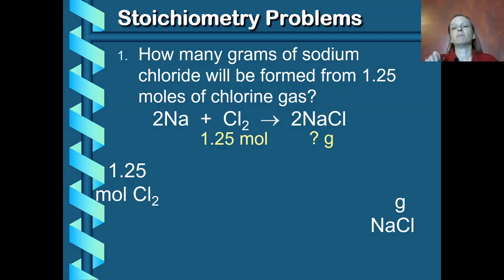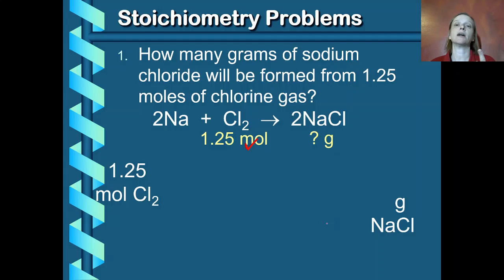Okay, I'm going from moles of one substance to grams of another substance. So if I ask myself those three questions, is my known in moles? Yes, it is. So I don't need a conversion factor for that step. Am I converting between one substance and another substance? Yes, I am.